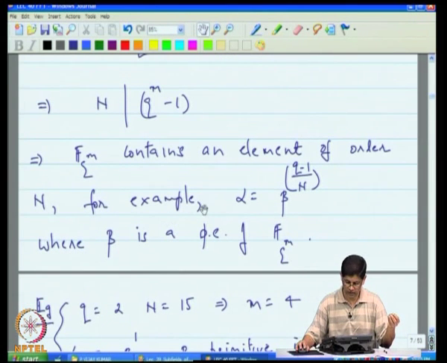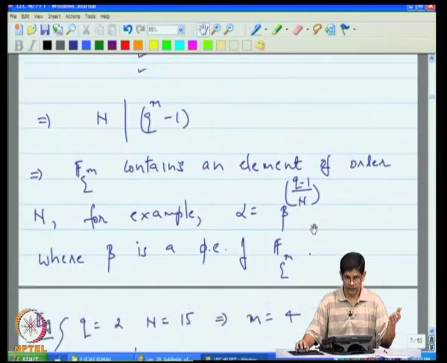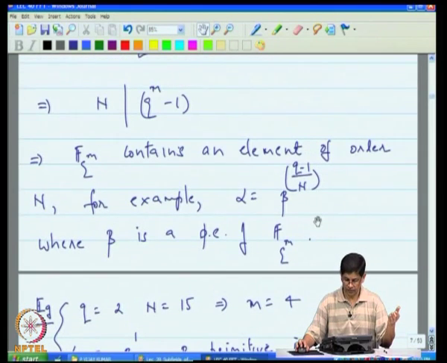Why is that? Well, because let us say that beta is a primitive element of this finite field, then the order of beta is q to the m minus 1. So, if you raise beta to the power (q to the m minus 1) by n, then this element alpha will actually have order n. So, that is the reason for actually working this hard.